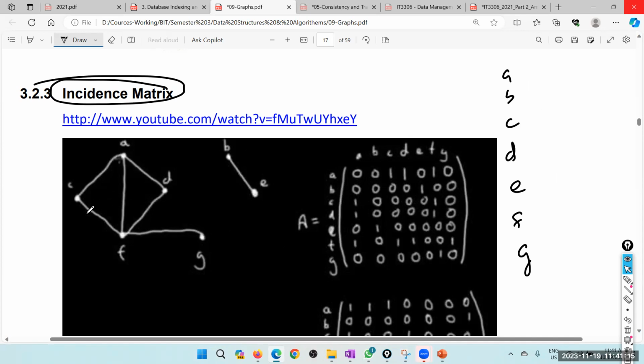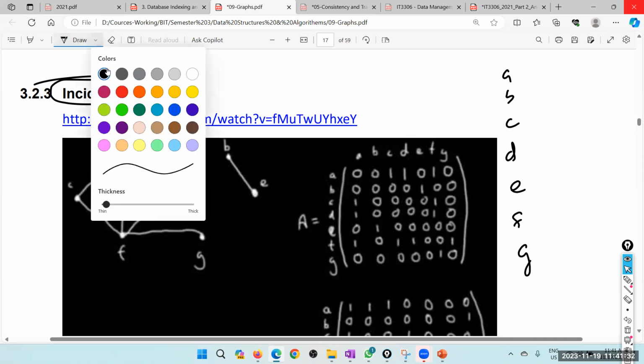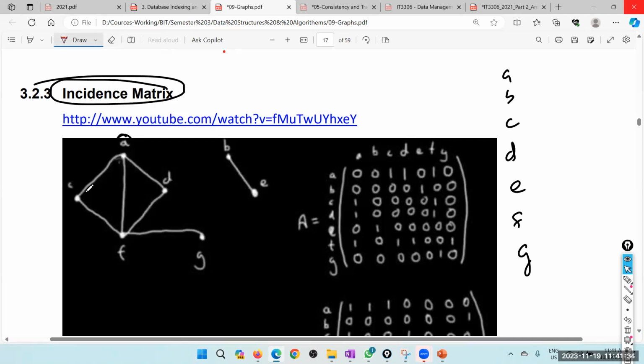In this case, 7 columns also, because we have the same number of edges. Right. So now we have to mark each and every edge. You can see there's an edge between A and C. You can mark in any order. I will first take the edge going from A to C. So A is 1, C is 1, all the others are 0. That is the AC edge.